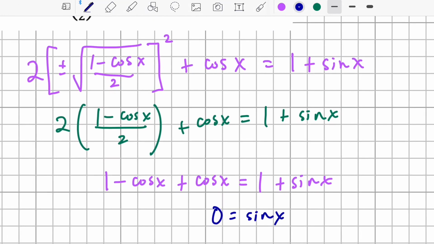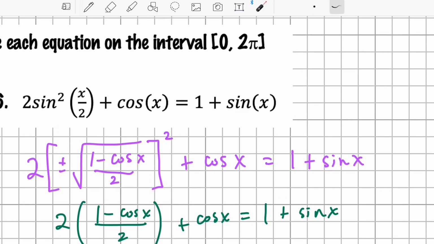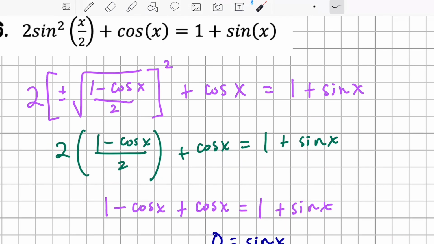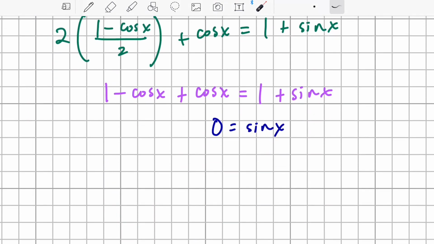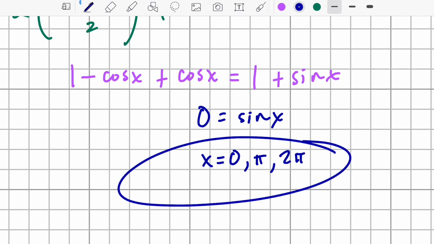And now notice this horrible looking equation is simply this. When is sine of x equal to 0 on this interval? And that's going to be at two places. X equals 0 because sine of 0 is 0. Pi because sine of pi is 0. And since 2 pi is included, we're going to say 2 pi also. And that is your answer.